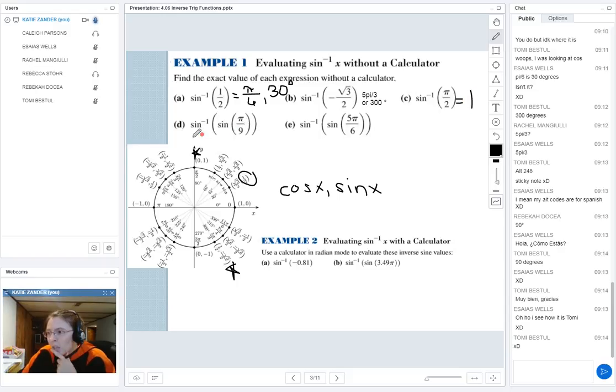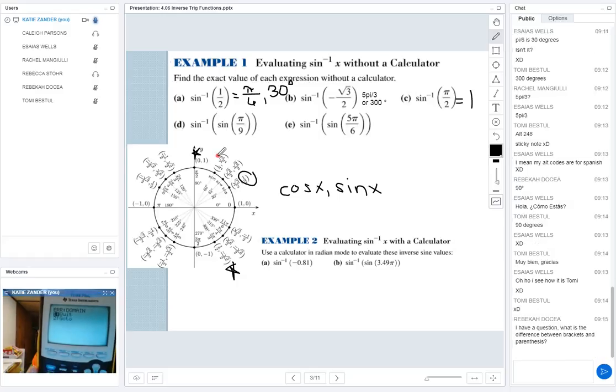So if it's included, it's going to equal a 1. Let's see if that actually pops up okay on our calculator or not. Ooh, it doesn't. Okay. So this is what happens when I plug that into the calculator.